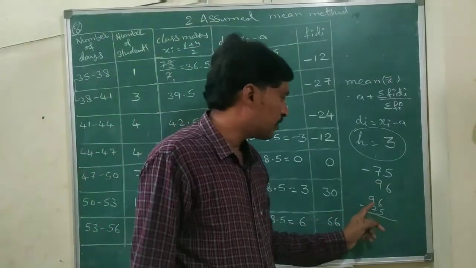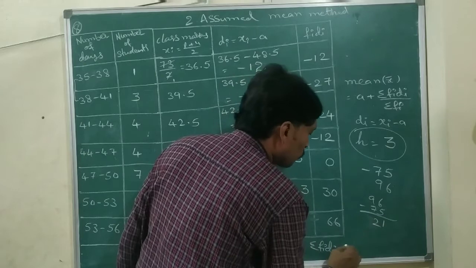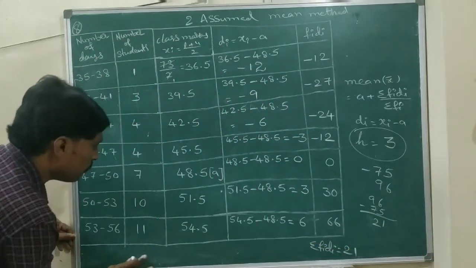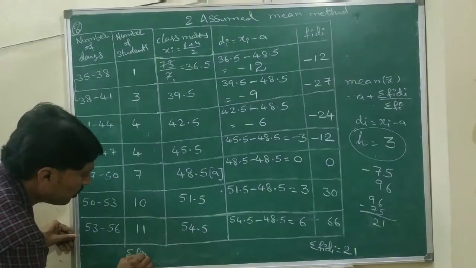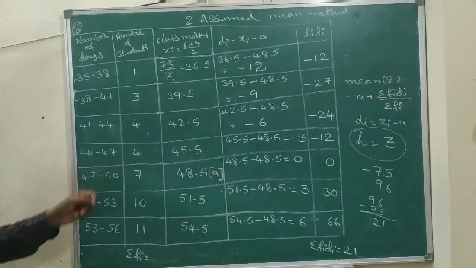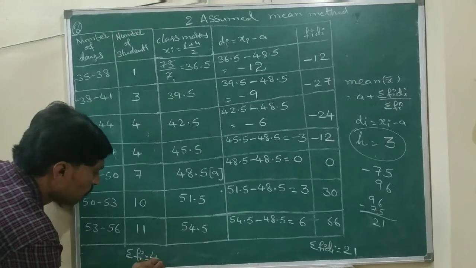Subtracting 75 from 96, we get 21. So sigma Fi di is 21. Now sigma Fi is 1 plus 3 plus 4 plus 4 plus 7 plus 10 plus 11, which is 40.